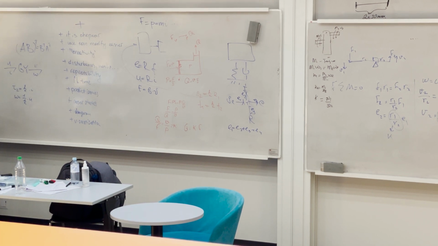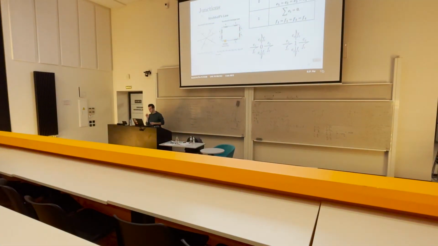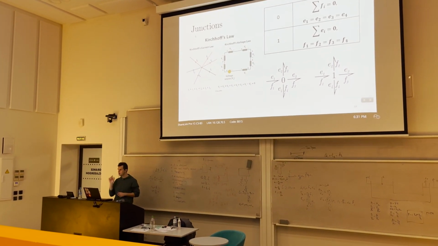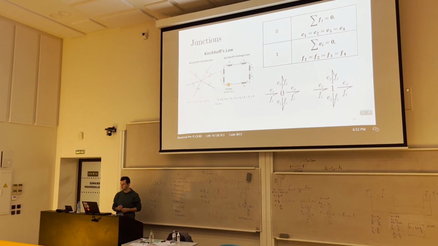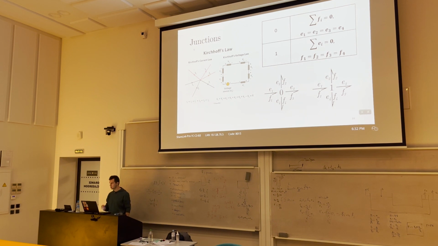The current law is all about that in the node we need to sum the currents. So which kind of junction will it be? 0. And the voltage law will be 1. Kirchhoff's law is an example of 0 and 1 junctions, but 0 and 1 junctions are also used in mechanics. It's more general, yeah.